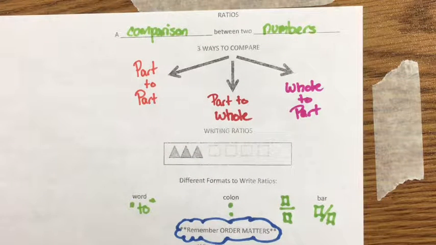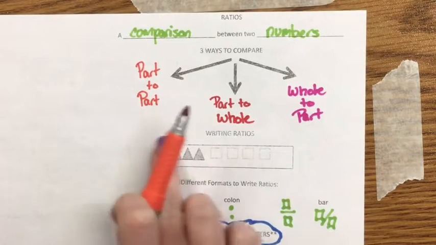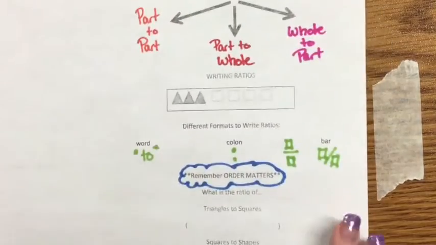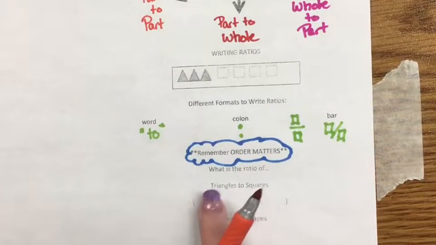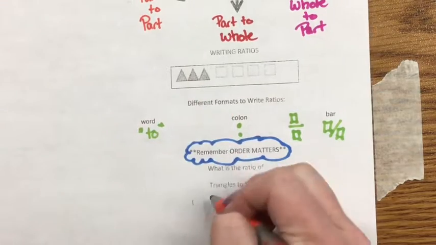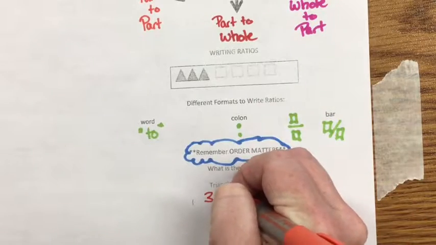So, when we talk about part to part, a triangle to a square, we're going to use this image up here to talk about each of those. So, we're going to say we're comparing triangles to squares. There are 3 triangles, and there are 4 squares.